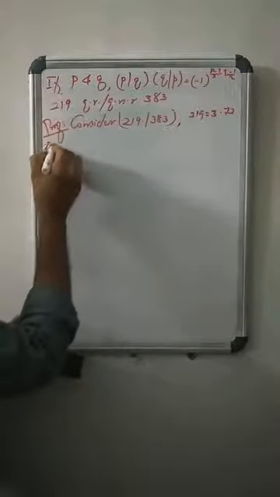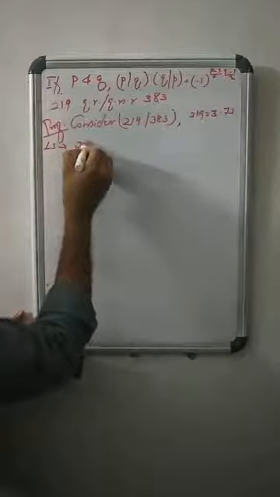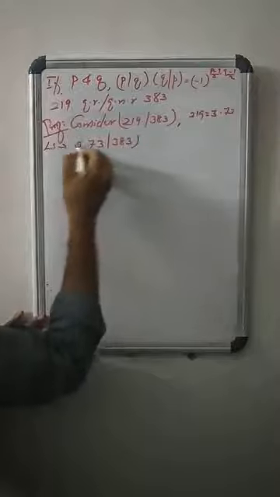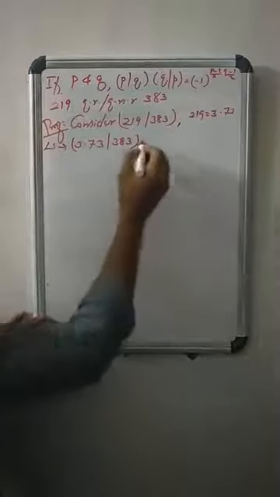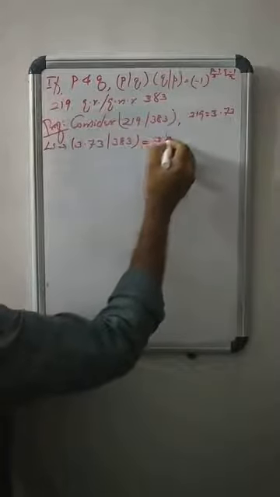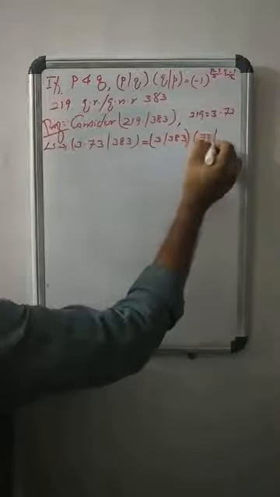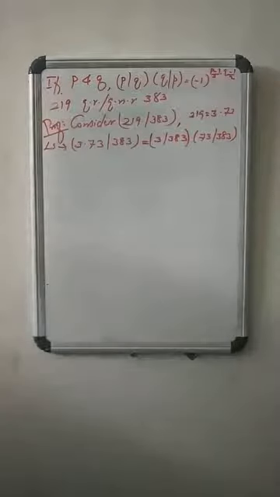Therefore, this becomes (3 into 73 bar 383), which equals (3 bar 383) into (73 bar 383). Okay. Now we calculate (3 bar 383) and (73 bar 383) separately.